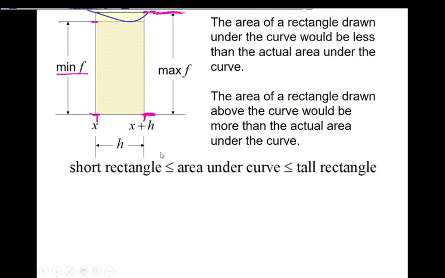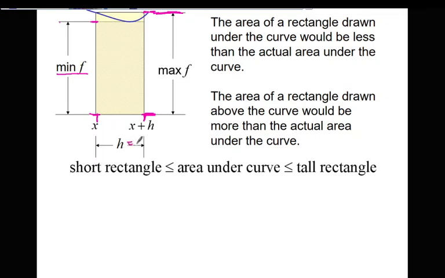So the short rectangle, this is my minimum, has got to be smaller than the actual area, and the tall rectangle is bigger than the actual area. And remember, h is nothing more than change in x.